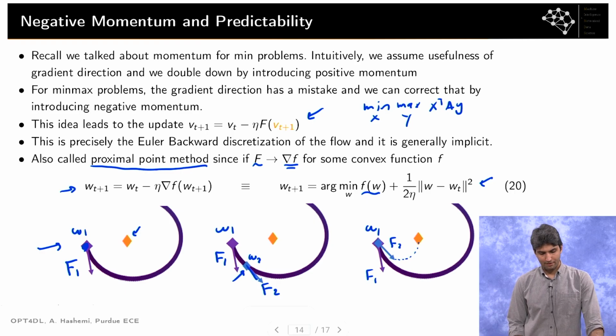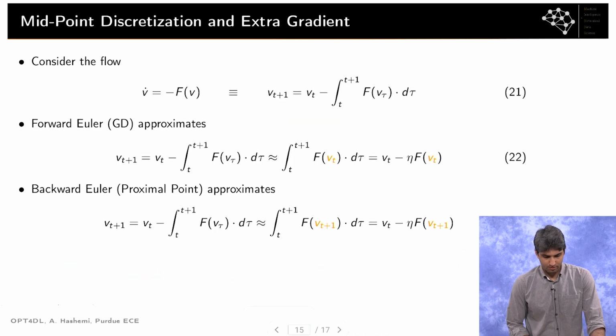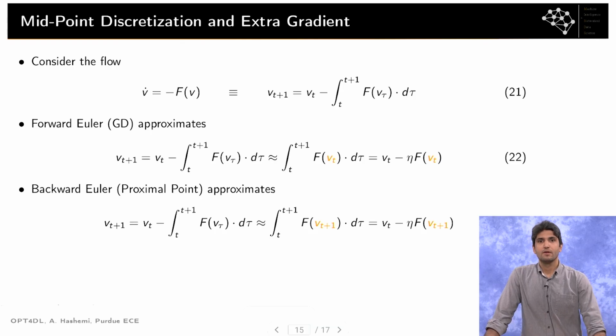This leads to the method that we call the proximal point method, and it turns out that this method will work well in the sense that it can find the equilibrium, even though the simple gradient descent method cannot. However, the main issue is that it is implicit in general and it's not quite efficient. So what we're going to do then is to introduce two approximations to this proximal point strategy.